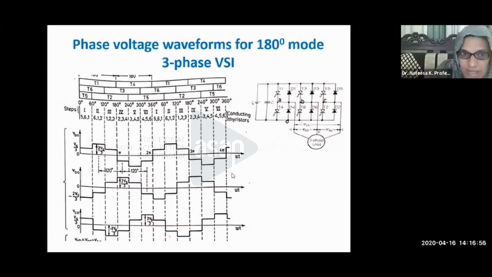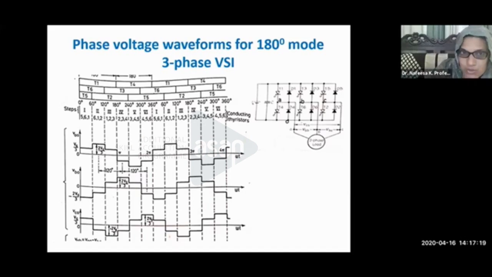Then the easy method is that if you are finding T1, T6, T5, then there will be 2 positive thyristors, that is T1 and T5, from the positive group and T6 from the negative group. That means the complete VS voltage is given to this equivalent circuit.